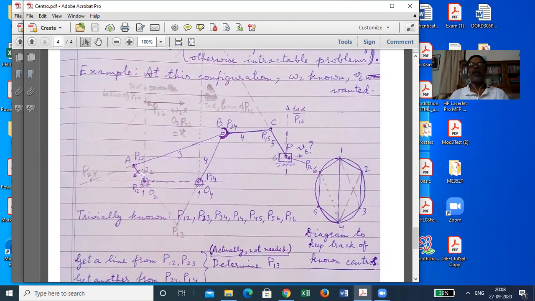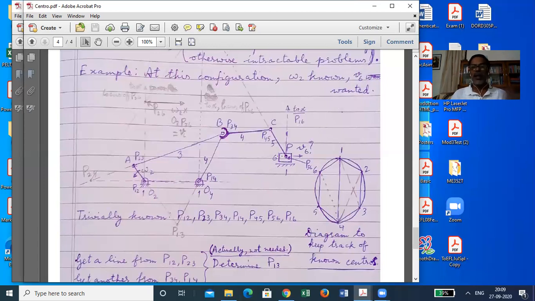So after you locate P26, whatever is its velocity as part of link 2 will be the required velocity of that point of this slider. Okay, that is what you wanted, and all points on the slider will move with the same velocity anyway. So P26 is to be located. The moment that is located, the problem is solved.